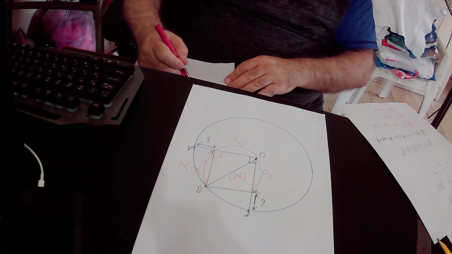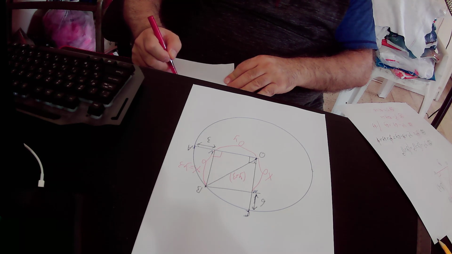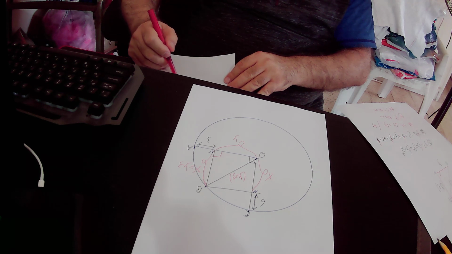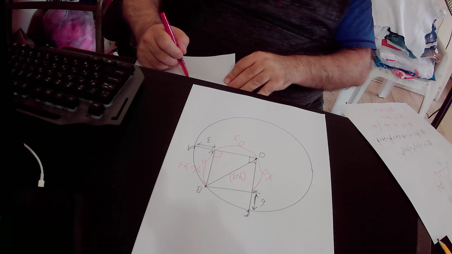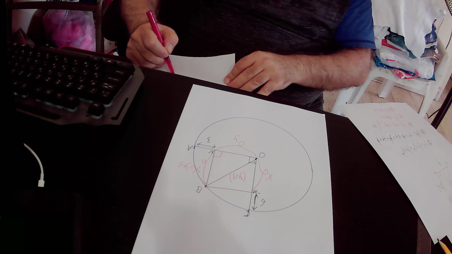Okay, R, that is the radius of the circle, equals to y plus 3, but we know that y equals to 12, so it is 12 plus 3, so the radius of the circle equals to 15 units.